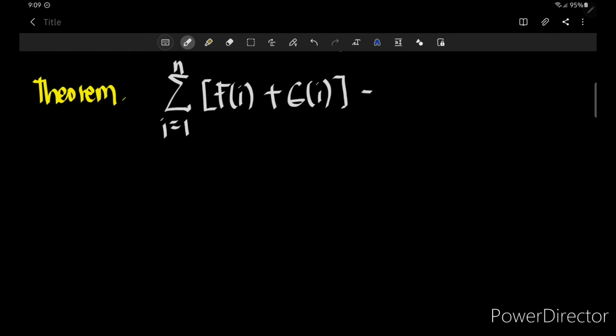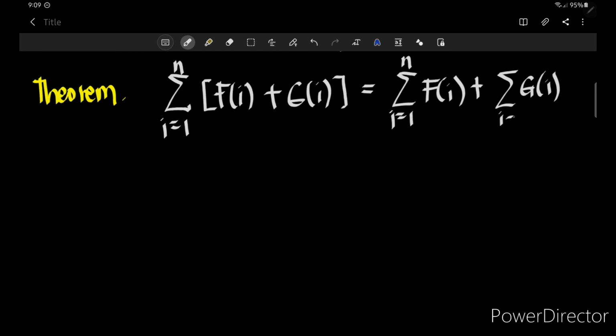Okay? This is equal to summation of f of I, where I ranging from 1 to n, plus summation of g of I, where I ranging from 1 to n, no? 1 to n.